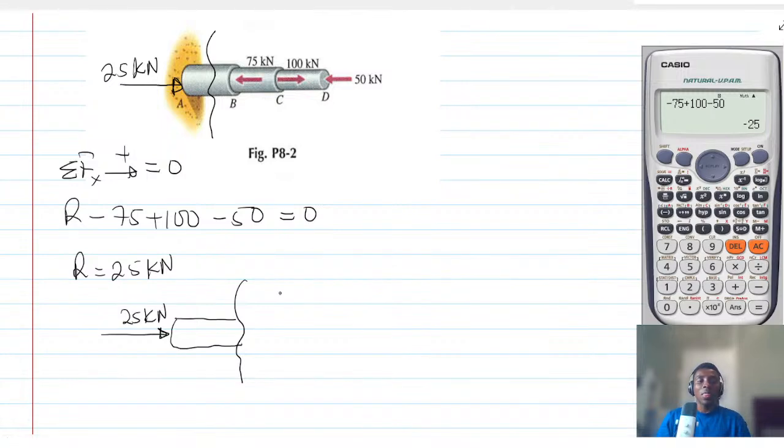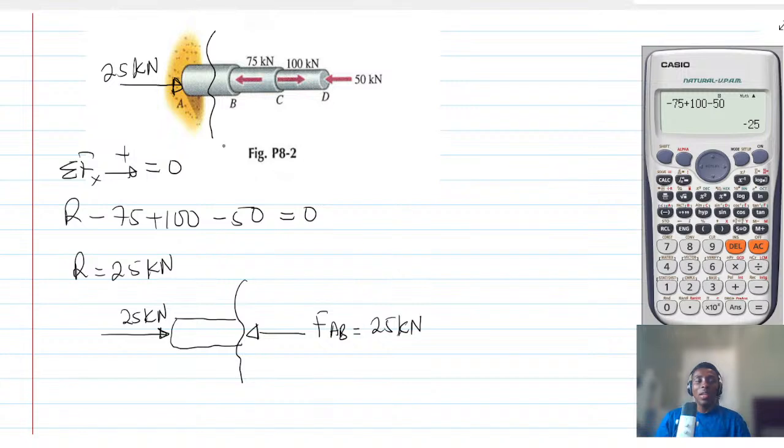So simply put, for this member to be in equilibrium, we need to apply a force here, which is FAB, and it's actually going to be 25 kilonewton. That's all.